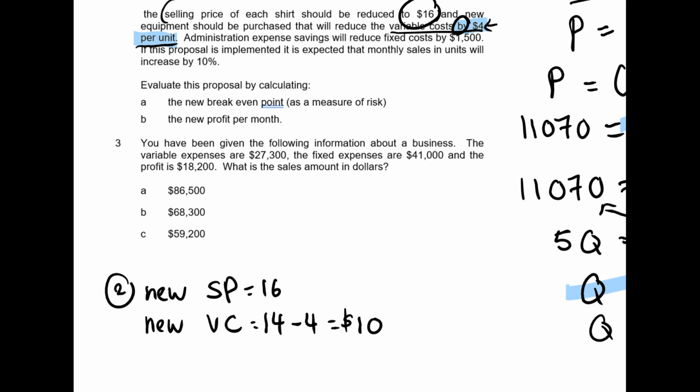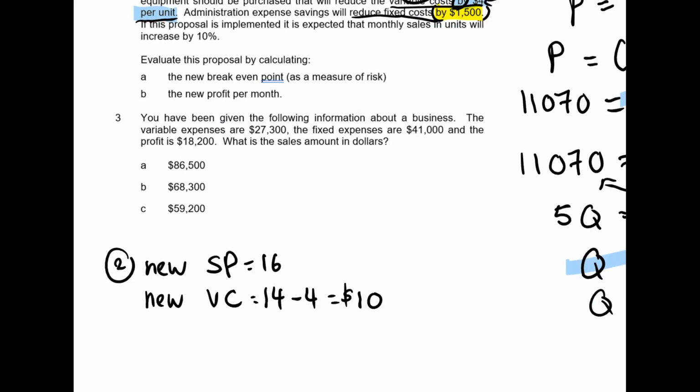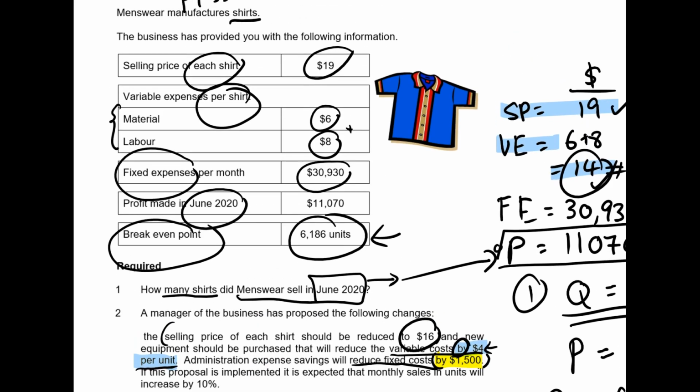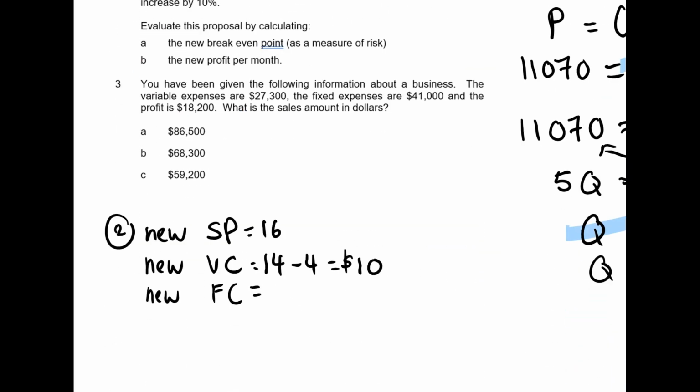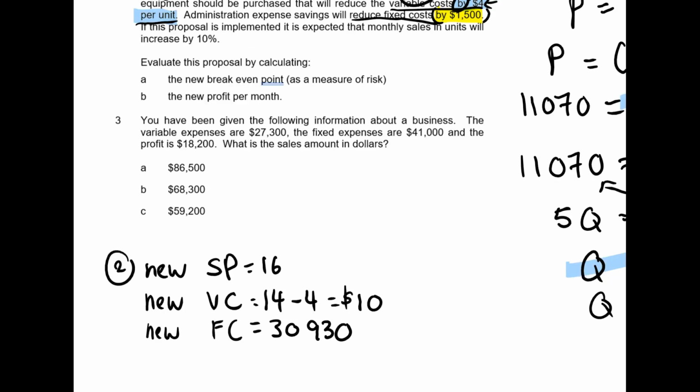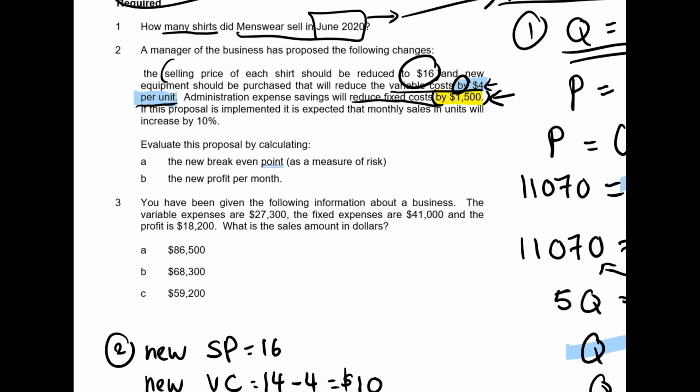Administration expense savings will reduce the fixed cost by $1,005. Same thing. So your new fixed cost will be your old fixed cost of $30,930 minus $1,005.